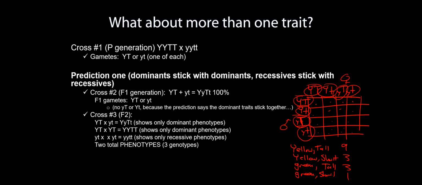Okay, that would be the phenotypic ratio of a dihybrid cross, assuming both traits have Mendelian patterns of inheritance.